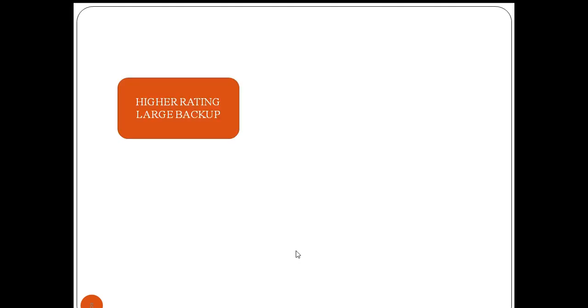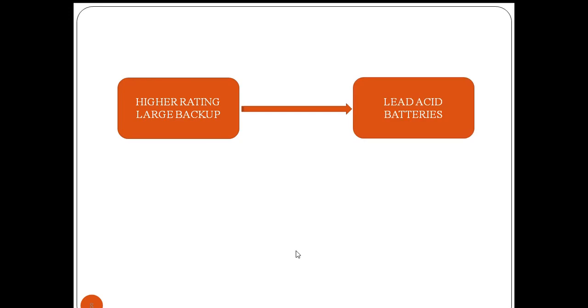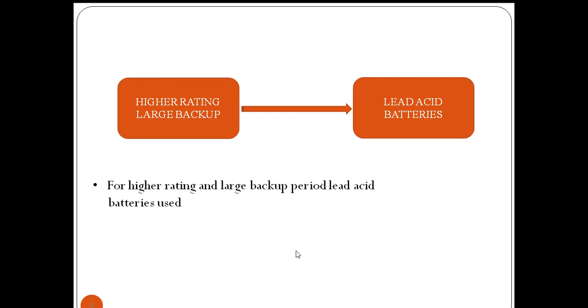And whenever higher rating and larger backups are required, we go with lead acid batteries. If the rating is more, then we switch over to higher ratings. We go for lead acid batteries.